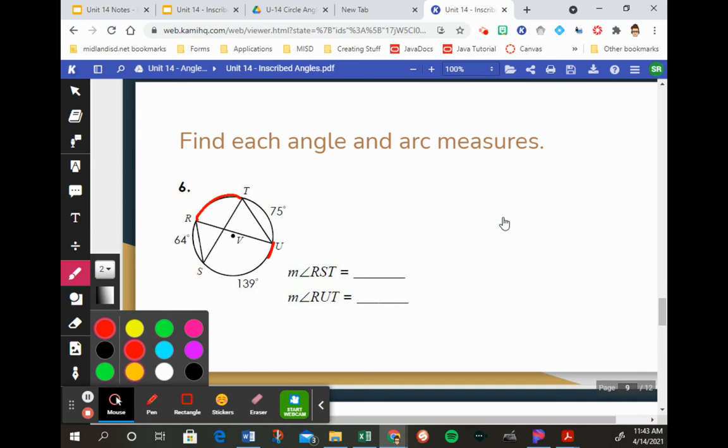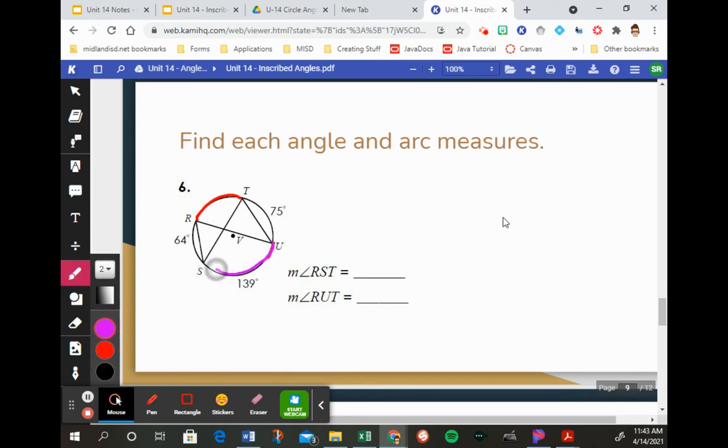I'm going to do it in purple. So this angle right here is half of 139.